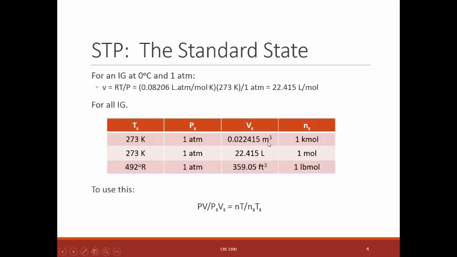If I convert this over to cubic meters relating them to kilomoles, I have 0.022415, and cubic feet to pound moles is 359.05 cubic feet per pound mole. Now to use this, I'm going to take PV equals nRT at the actual state and divide by the standard state to get a relationship. So this has an implied parenthesis around these denominators.